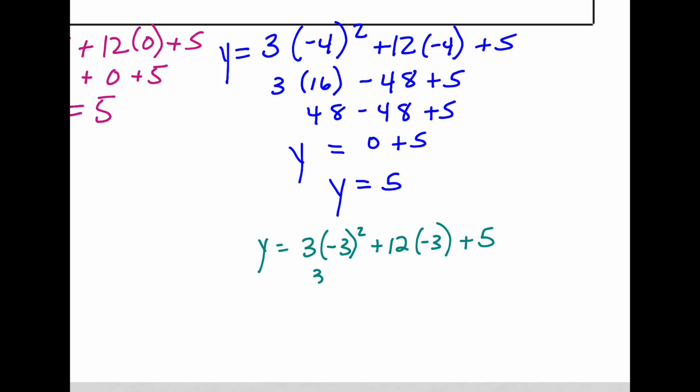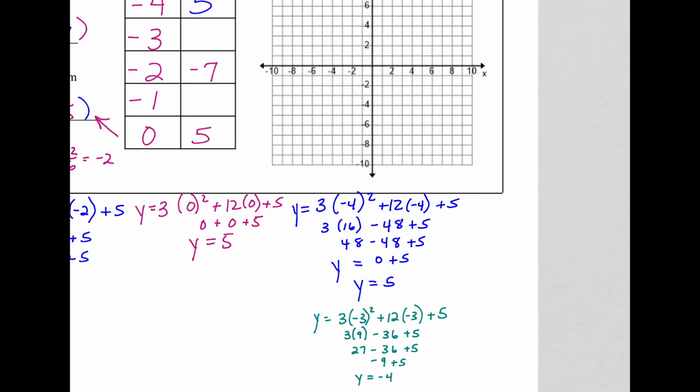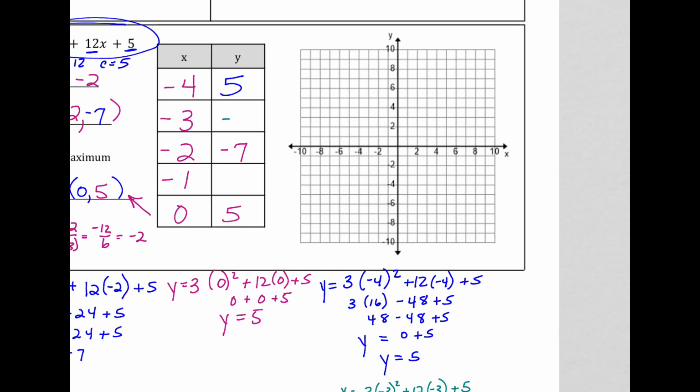So 3 times 9, and then minus 36 plus 5. 27 minus 36 plus 5. We can add those up ourselves or do it on the calculator, whatever works for you. We would have -9 plus 5 with y equaling then -4. So again, we can go back up here, put our -4 into our table.